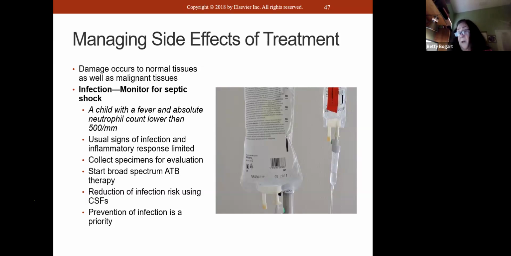Especially in leukemia, we look at the neutrophil count. During this chemo and induction period, we're going to be killing so many cells that we get those neutrophil counts down on the floor. 500 is almost nothing; usually they're like 2,000.